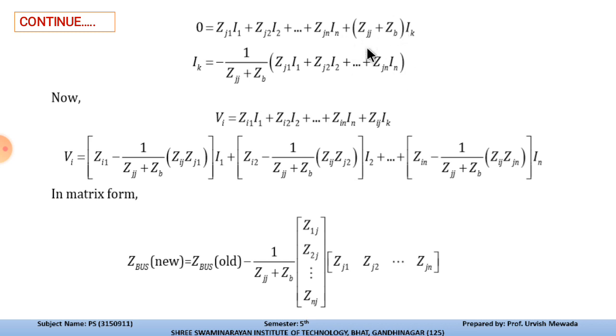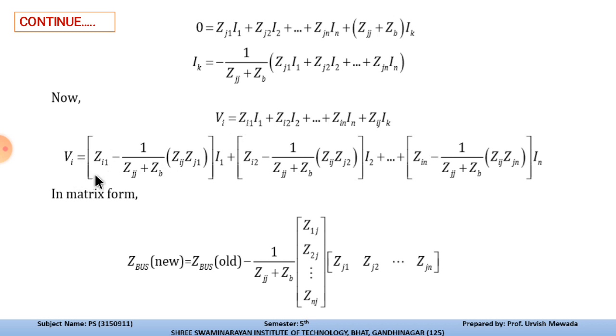After that, we can write the equation for the ith bus: Vi is equal to Zi1 into I1, Zi2 into I2, and so on up to Zin into In, plus Zij into Ik. From this equation we can determine the value of Vi by placing the value of Ik over here, along with the impedances of the respective branches.